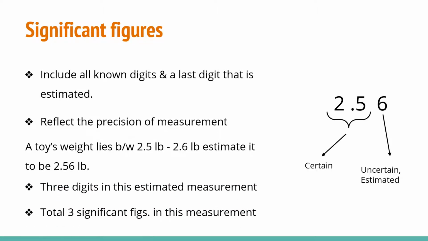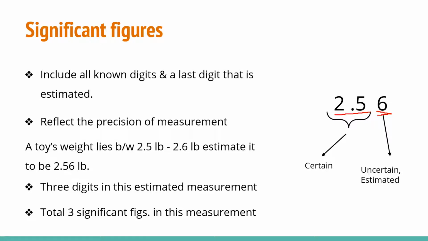Now, in this estimated measurement, there are three digits. The first two digits, 2 and 5, are known with certainty. However, the last digit, 6, is uncertain and has been estimated, and it varies from person to person. For you, it is 6. For some other people, it might be 5, it might be 7 or even 8.